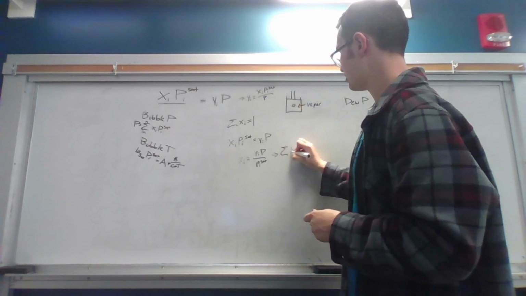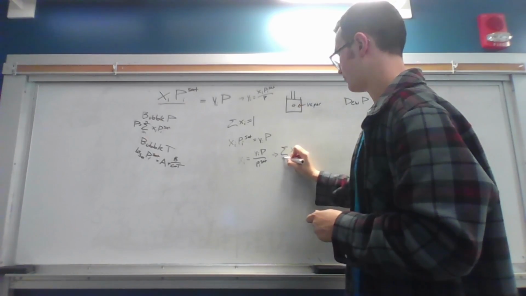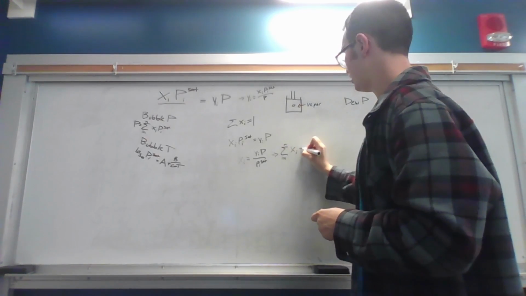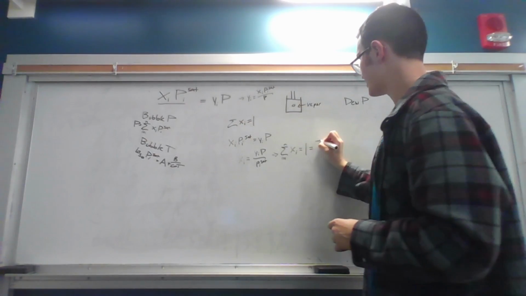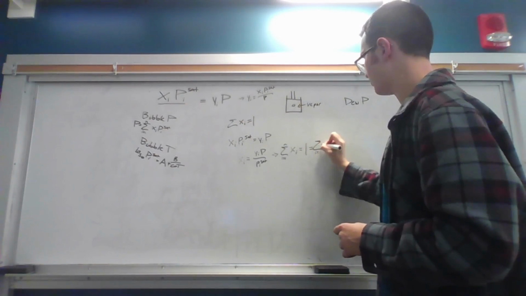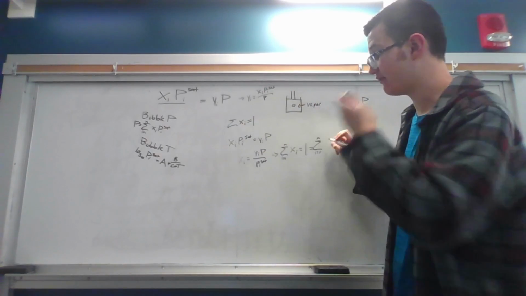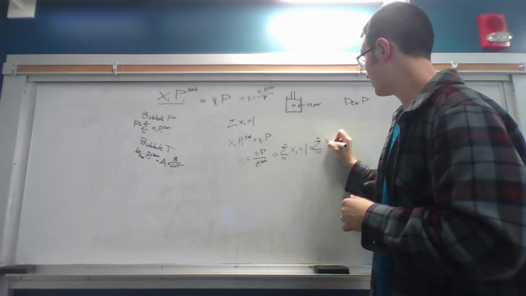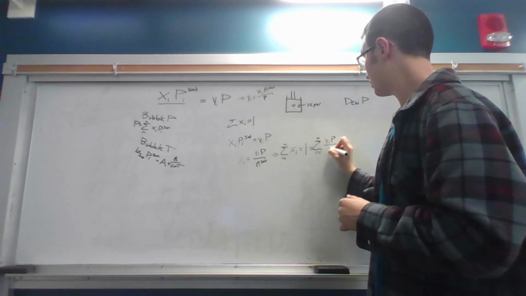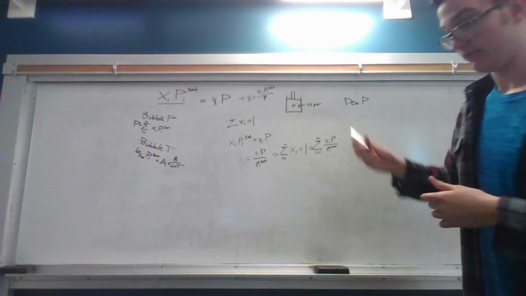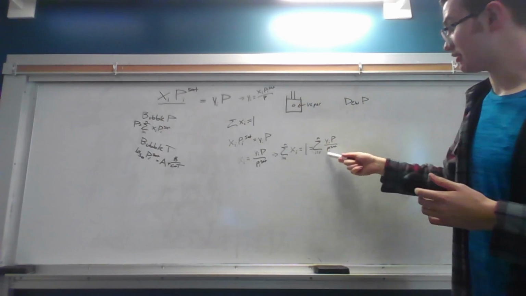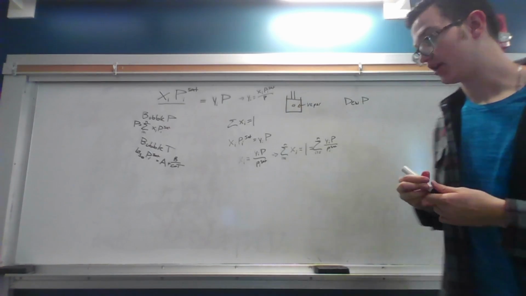We know that the sum from i equals 1 to n of that, which is equal to 1, is equal to the sum from i equals 1 to n, however many we have, of the vapor phase mole fraction multiplied by the pressure divided by the saturation vapor pressure.